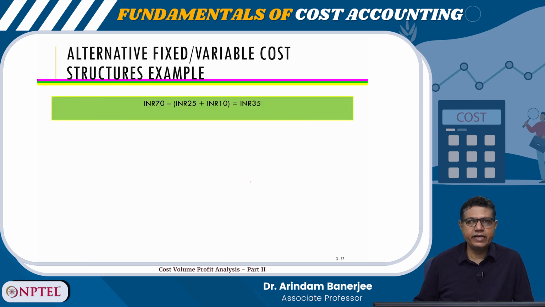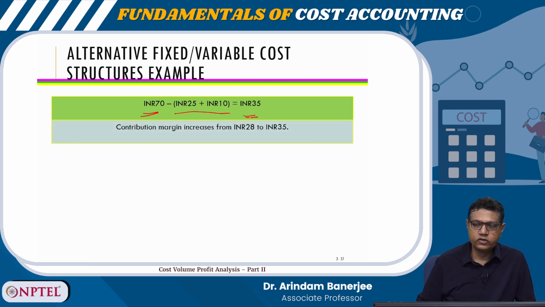So, INR 70 original selling price, INR 25 plus 10, so INR 35. So, the contribution margin is increasing now. Earlier the contribution margin, you should remember, was 28, now it is increasing to INR 35, right.